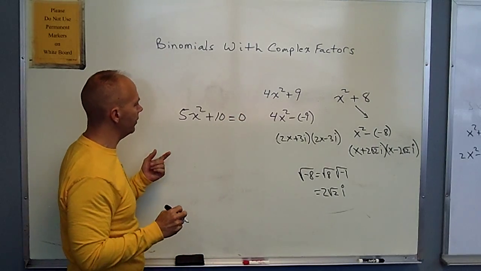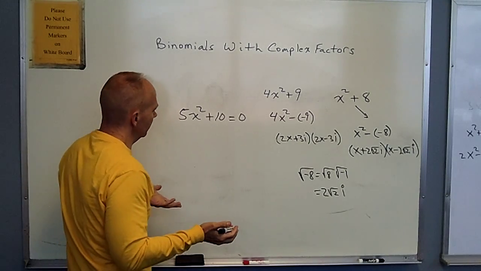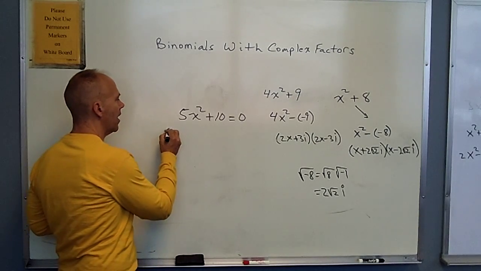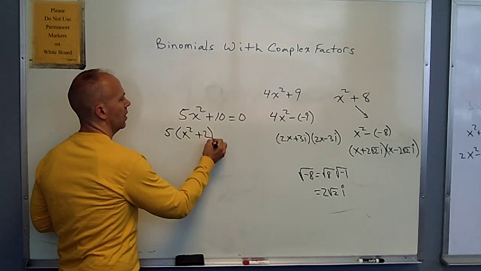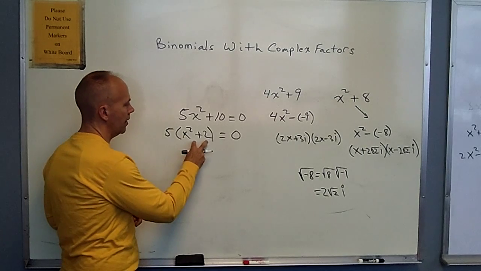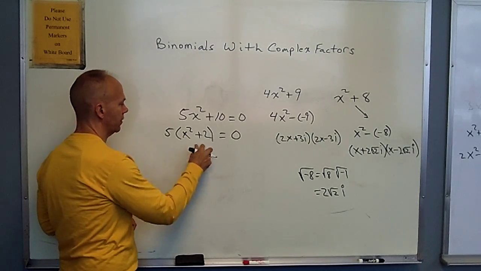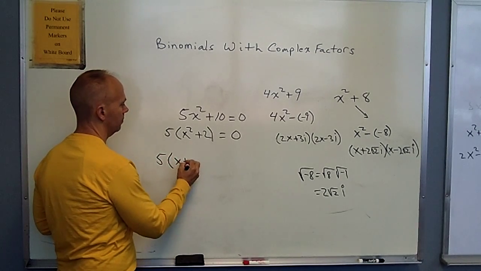Now, we could solve this by isolating the x squared, but factoring is another method that sometimes comes in handy. I can now factor out the greatest common factor, which is 5. And again, now I've got x squared plus a number, but I'll view that as minus a negative 2.